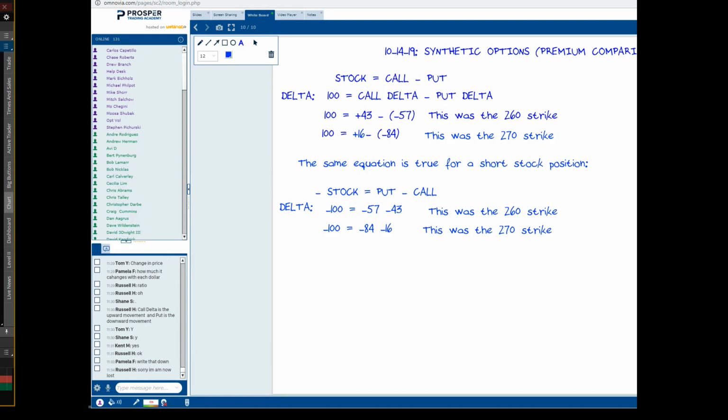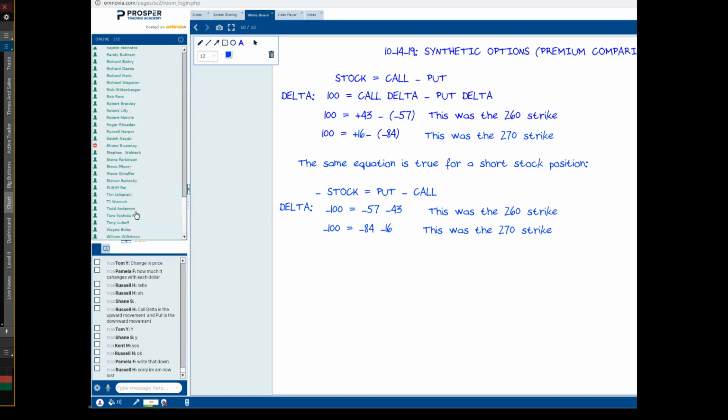There's no difference in these two equations other than one, the top one, we're trying to replicate a long stock position, and the bottom one, we're replicating a short stock position. Does everybody see the relationship here?